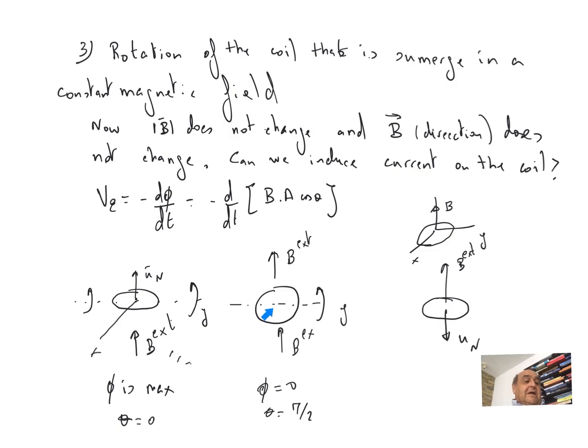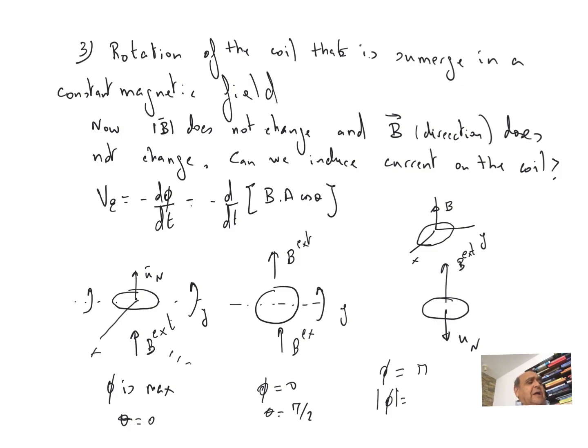So in this case the flux is 0, and now the flux becomes negative in this situation because phi is pi, 180 degrees, and the flux becomes the minimum value. The absolute value is the maximum, but the flux becomes the minimum of all the values.